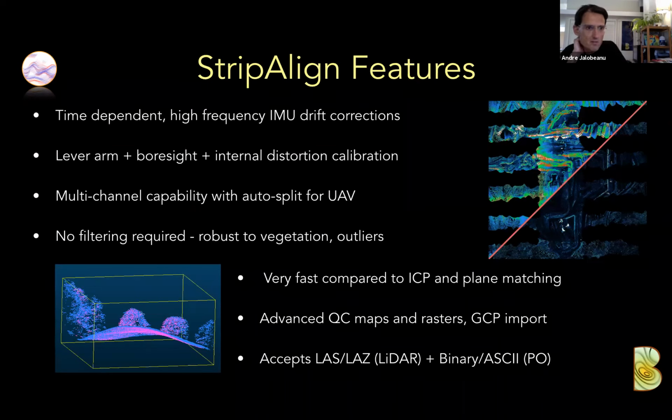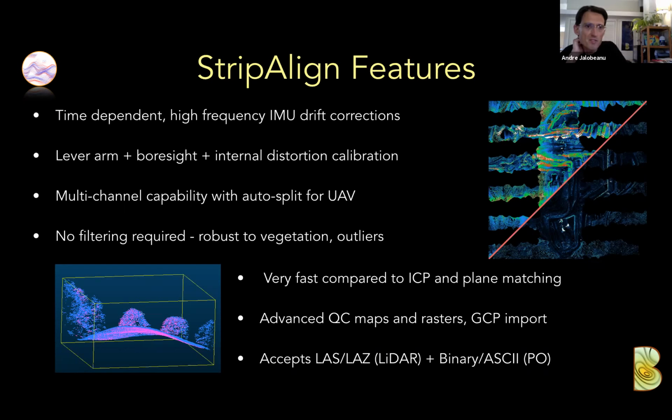So you can have tens or hundreds or even thousands of flight lines, put them all together or use them in blocks and run StripAlign, and it will align everything for you automatically. Of course, it has lots of options because there are lots of different instruments and possible configurations, but default options are meant to help you use the software in a fully automated and very simple way.